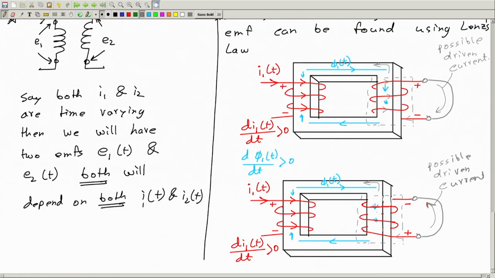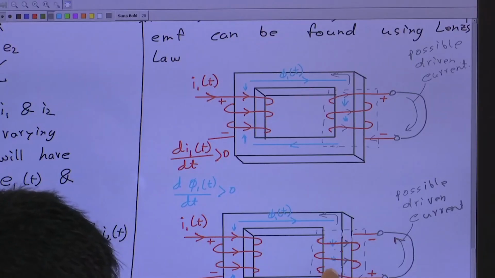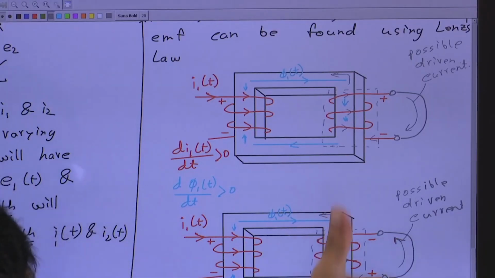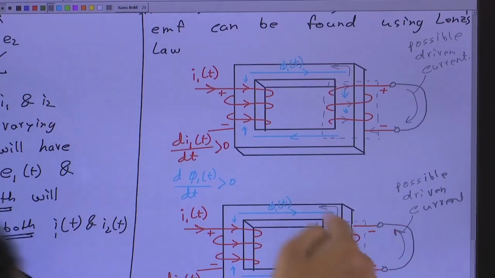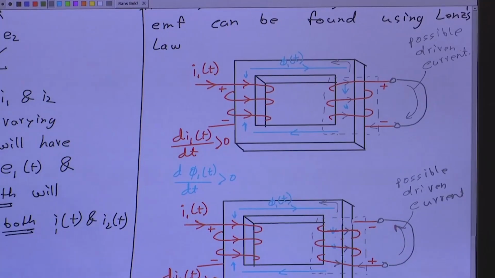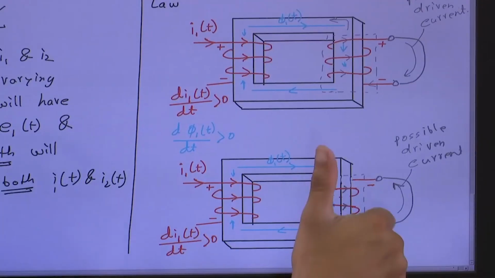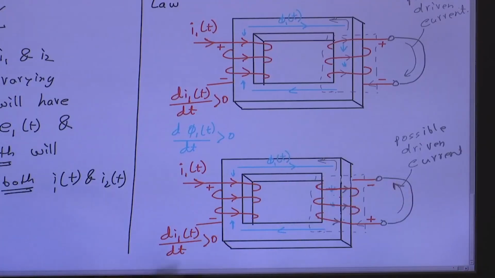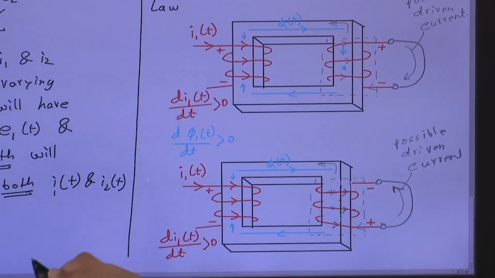So it goes like this and then this. So the current now flows like this. Okay, plus to minus outside and minus to plus inside. Once again, you can see that the direction of this flux is in opposition to the main flux. Okay, so this is in the direction opposite to the main flux. So this side will be plus.